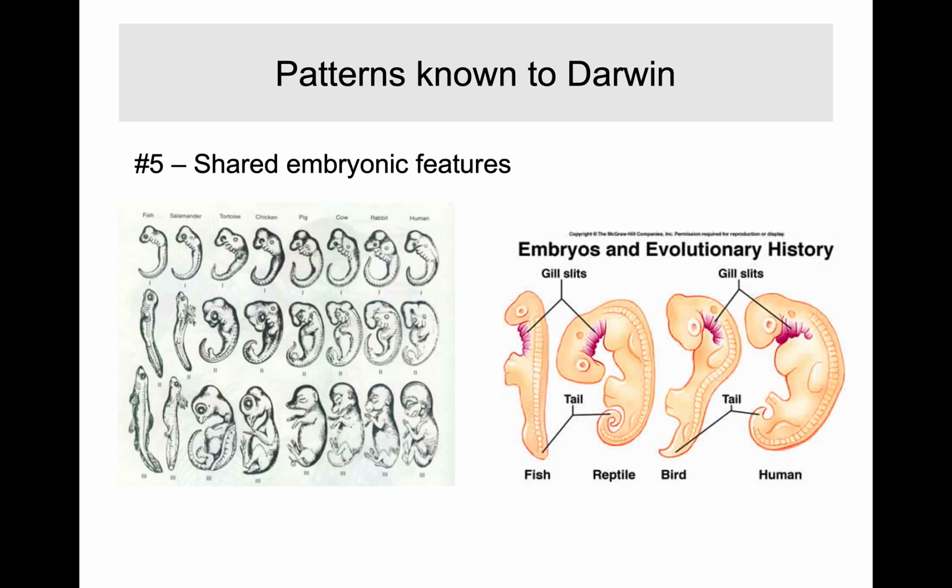So Darwin knew at this point in time, due to some really fantastic embryological work that had been done, that embryos of a lot of different organisms, so here we're showing tons of different vertebrate species, all shared very similar formations in time.